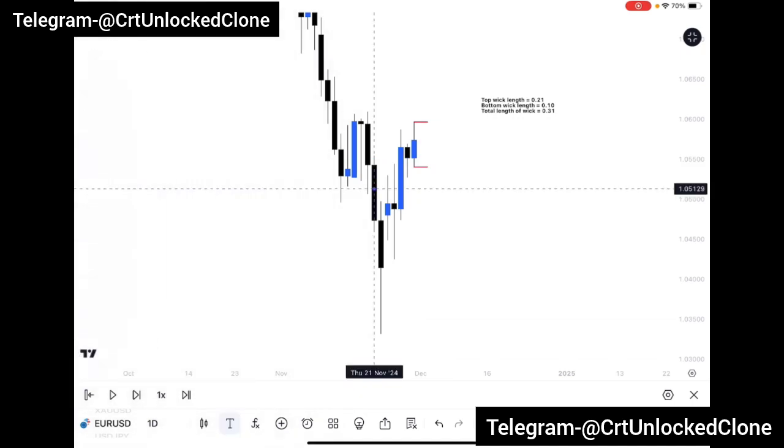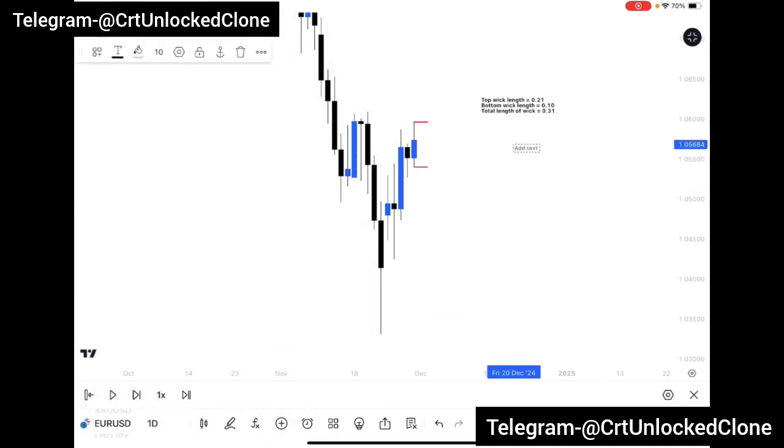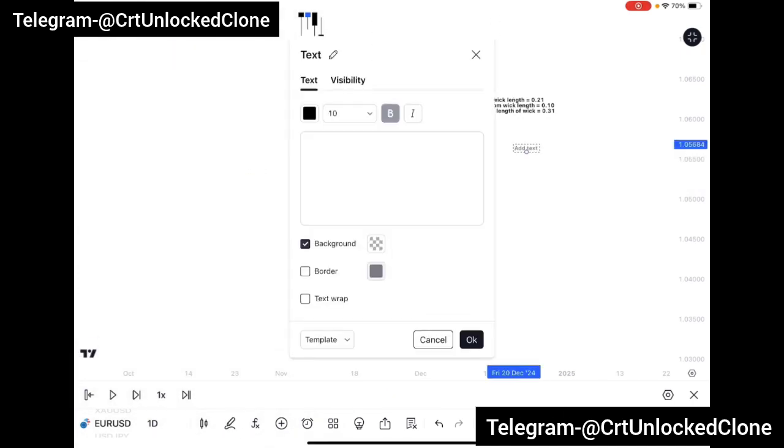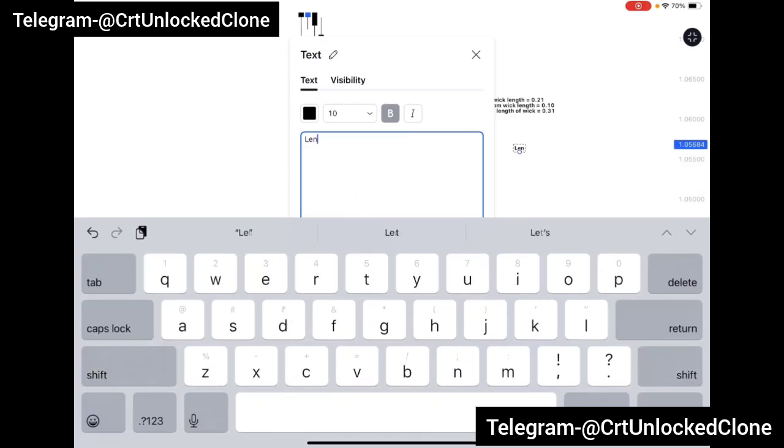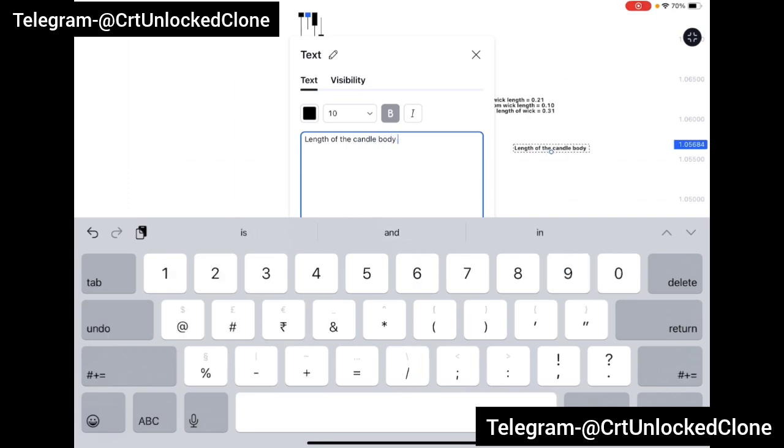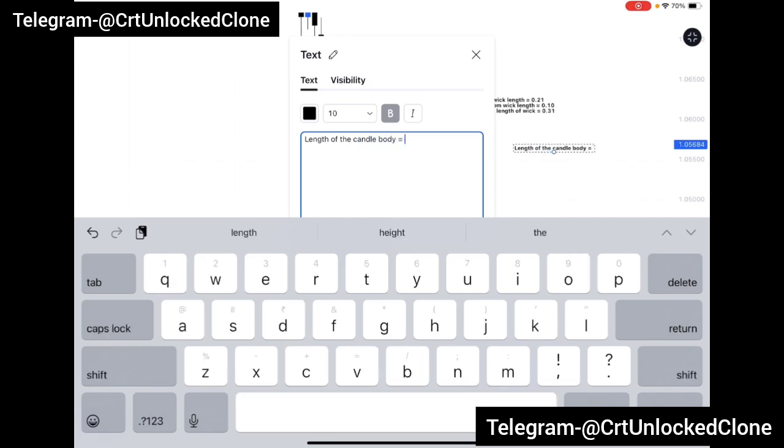Again, text here, length of the candle body is equal to 0.22.